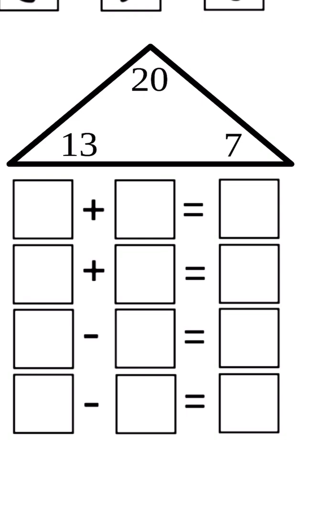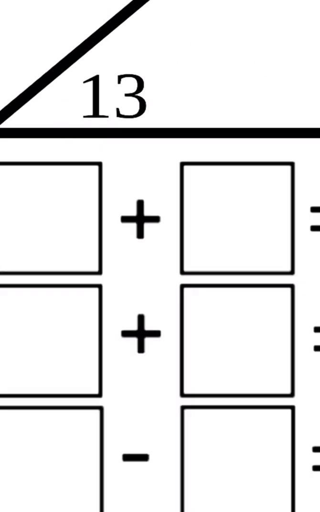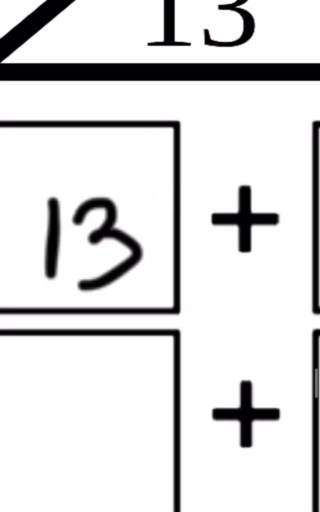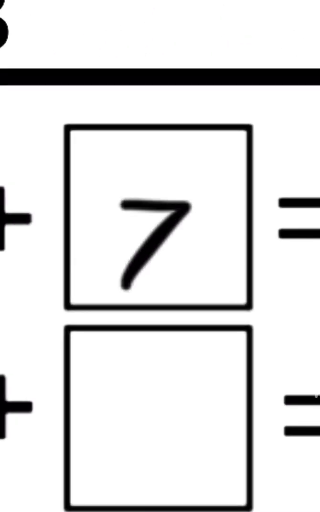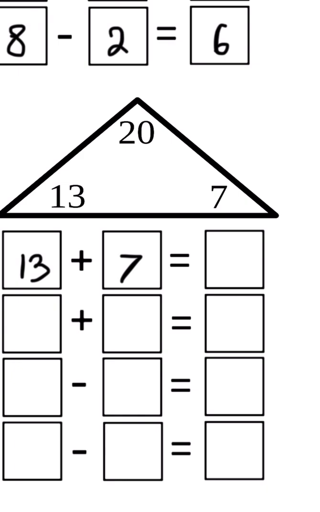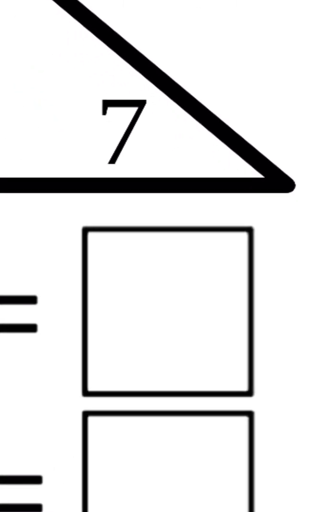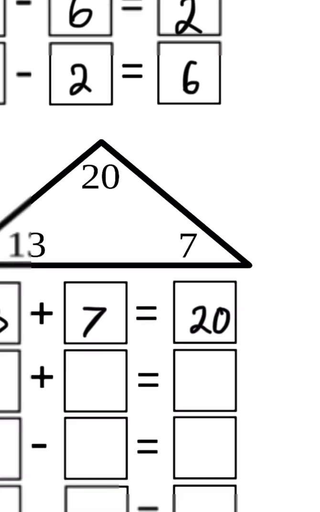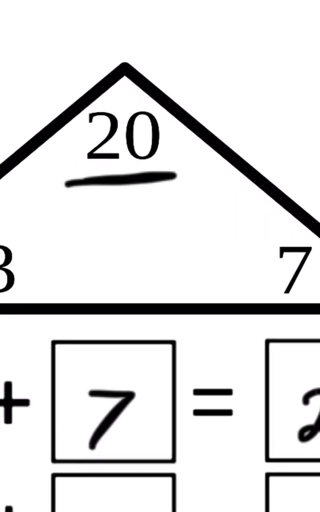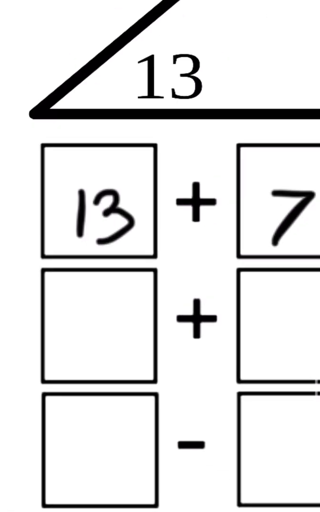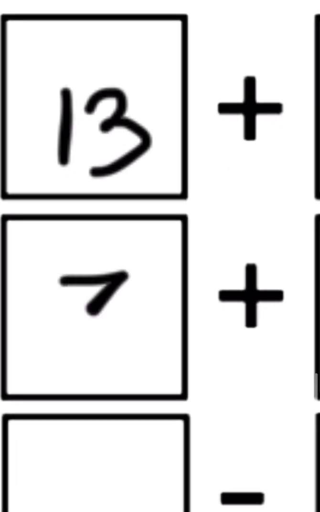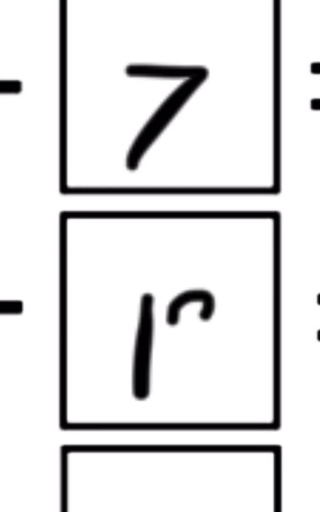So let's first add 13 and 7. 13 plus 7 becomes 20, which is the same as the number that is on the top. And 7 plus 13 is also 20.